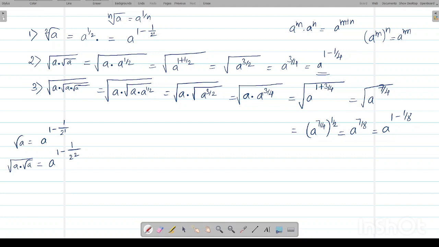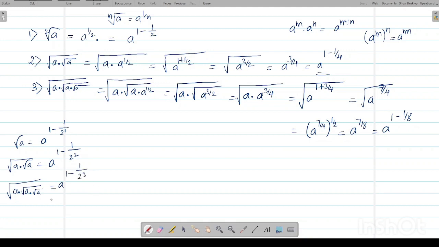Similarly, this is with only one a, this is with two a terms inside the root, and I am taking three a terms inside the root. Now it becomes a power 1 minus 1 by 8, which can be written as 1 by 2 cube.